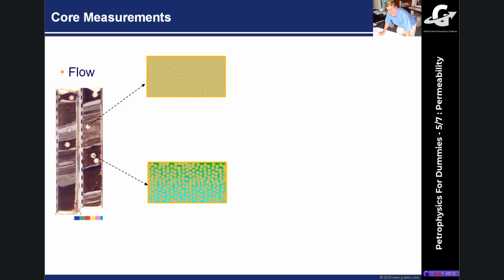You remember we cut some plugs in our conventionally recovered core, and here I've got a couple of plugs, one sandstone with quite small pore space in it, one sandstone with quite big pore space in it.